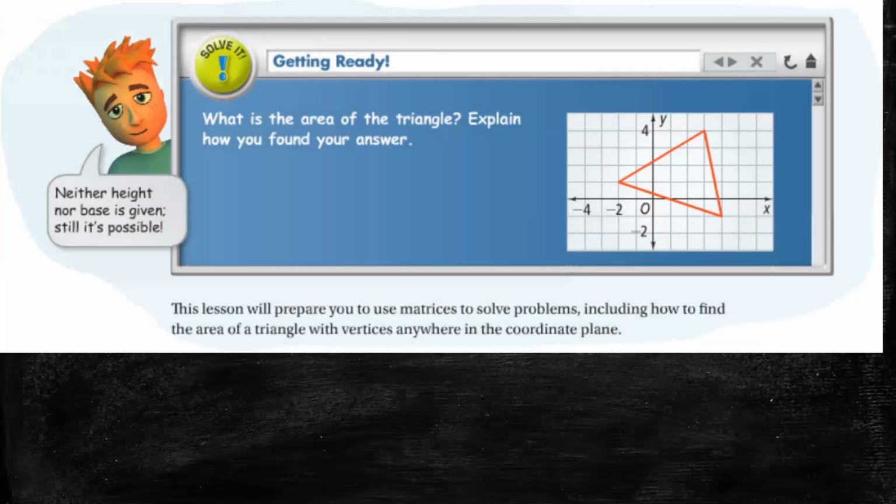If I give you this triangle and I ask you to find its area, you have to say, teacher, we know that if you want to find the area, we say half BH, or half AB, or half BC cosine A. 3 ways to find the area of the triangle, but neither the base nor the height is given. How can I find the area of the triangle?